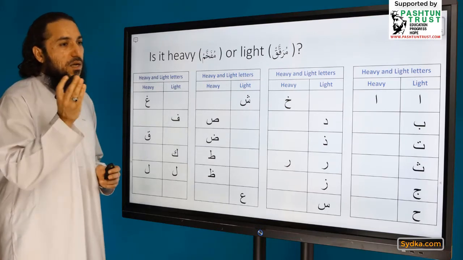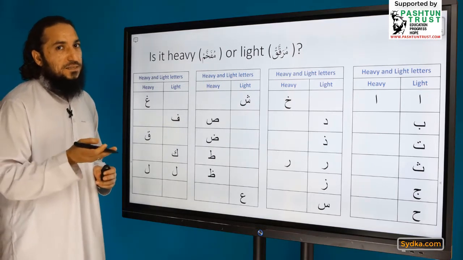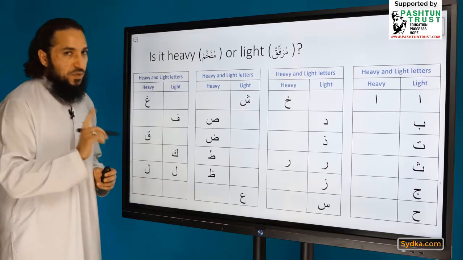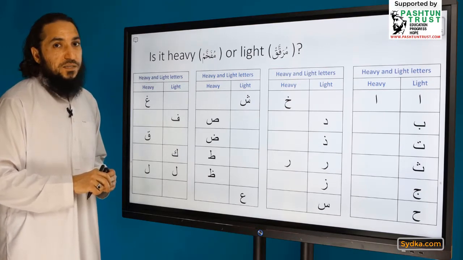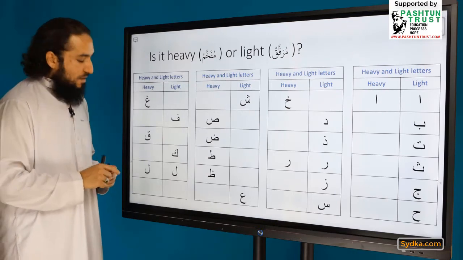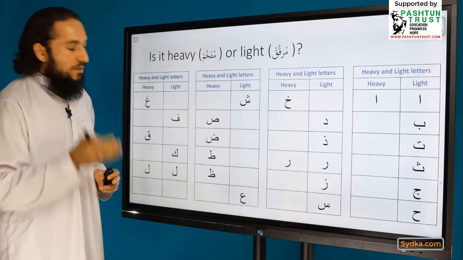So if it's Allah, it's heavy; if it's illa, that's light. So the lam is only heavy in one condition, when it is in the lafzul jalal, the name of Allah, and it is preceded by fatha or dhamma.